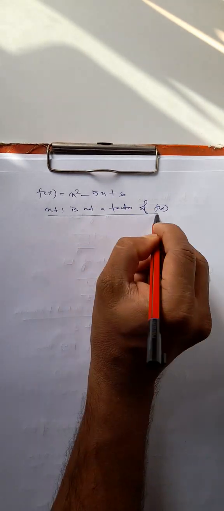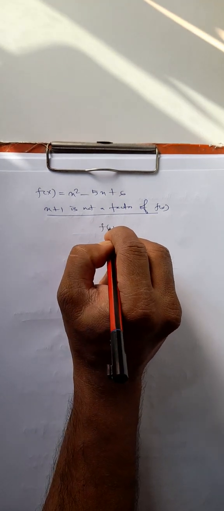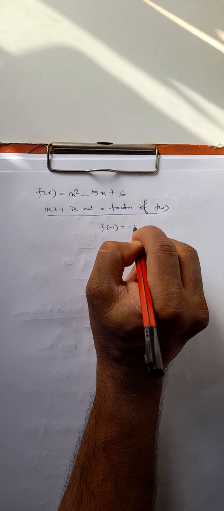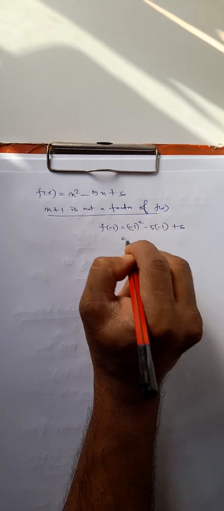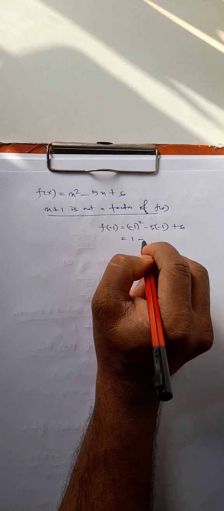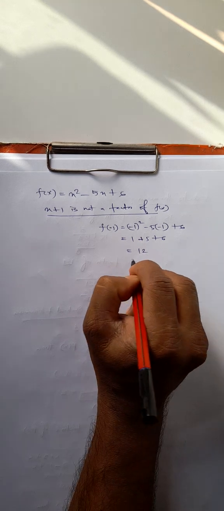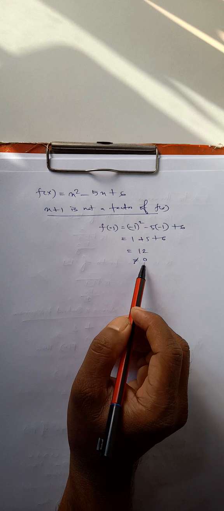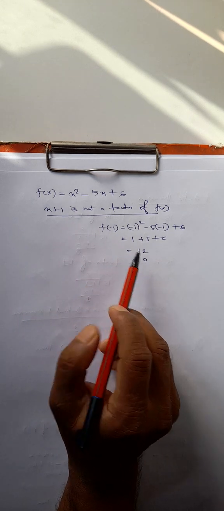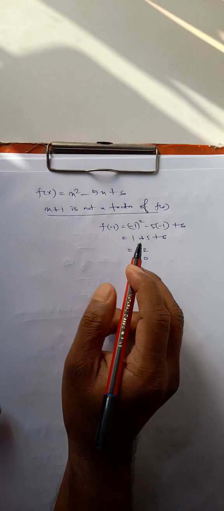Let's prove this. f(minus 1) equals minus 1 square minus 5 into minus 1 plus 6, that is 1 plus 5 plus 6, 12, not equal to 0. So x plus 1 is not a factor of f(x), since this polynomial does not become 0 when we put x equal to minus 1.